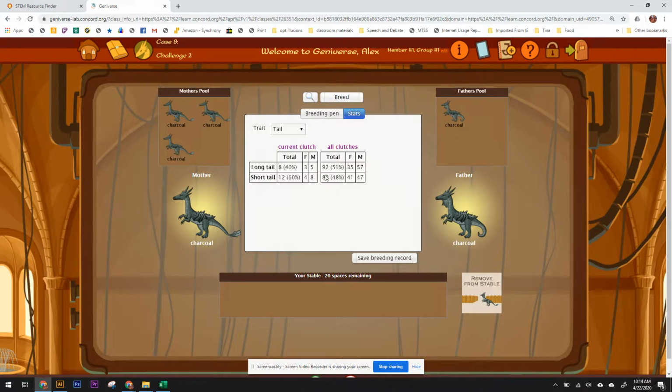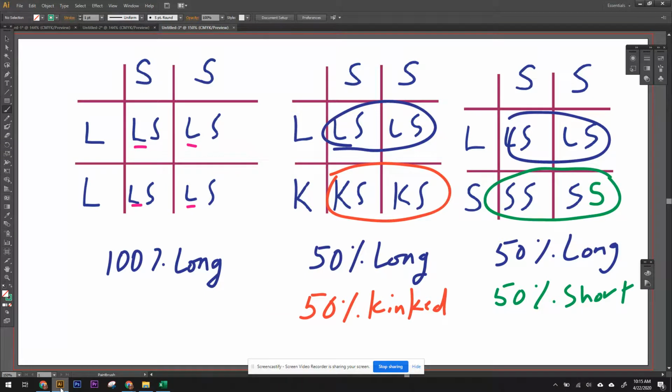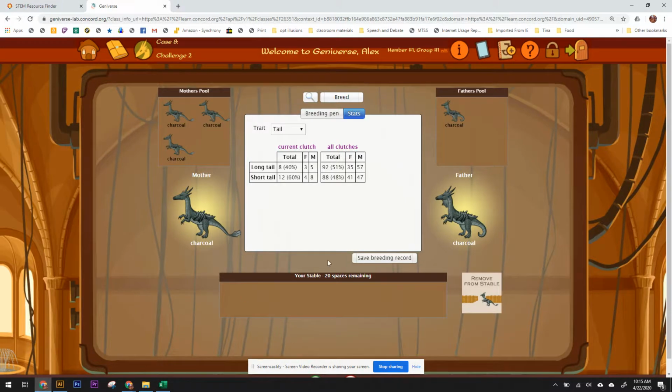Okay, so after this many generations, the ratio is 51% long tail, 48% short tail. If we go back to our ratios here, that means that in this case, the mother is long short. That's her genotype. Long short, because their offspring were 50% long tail, 50% short tail.